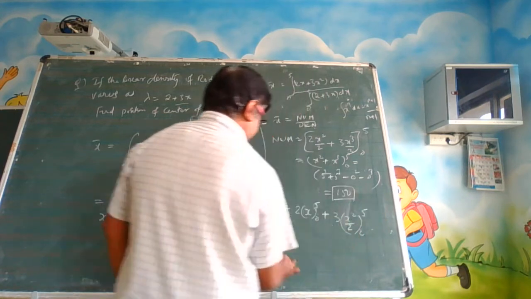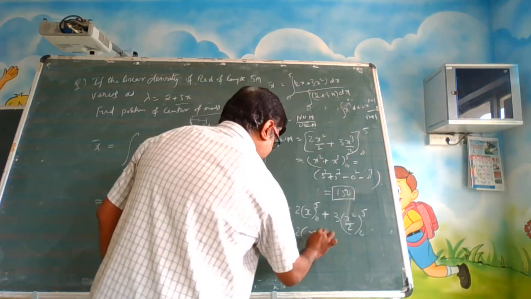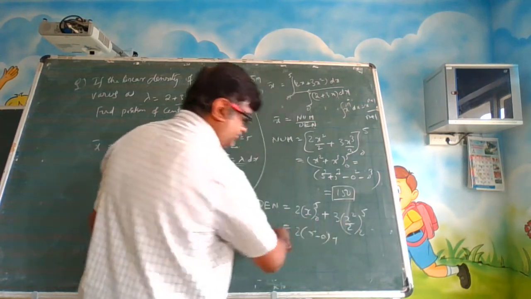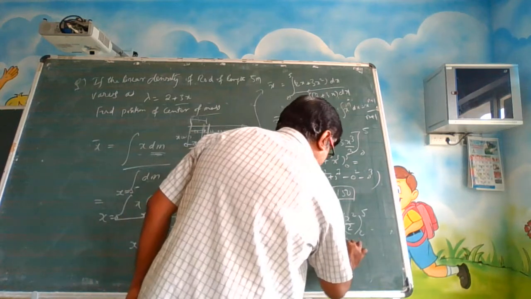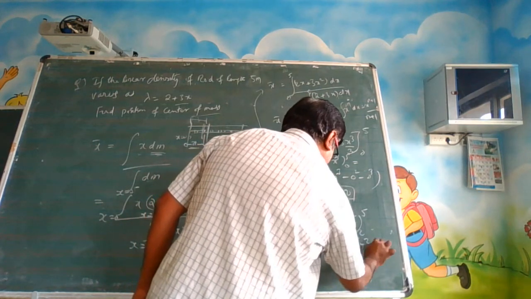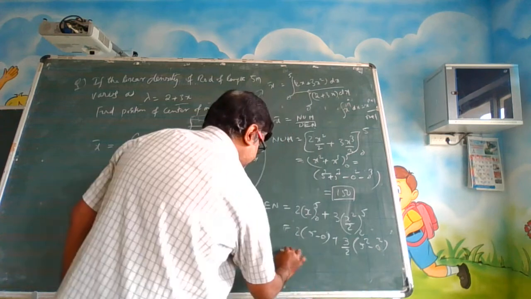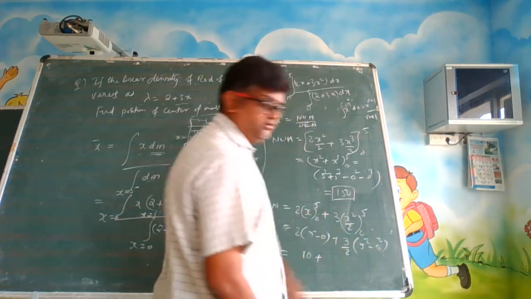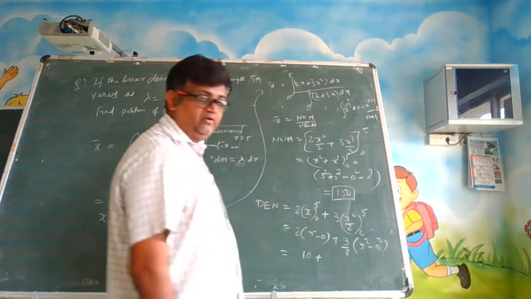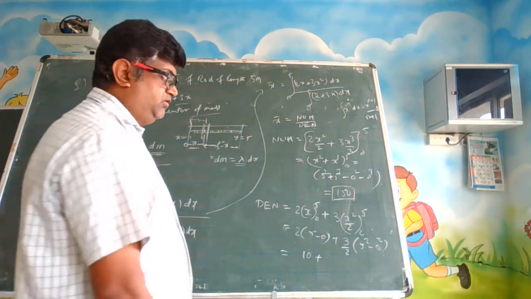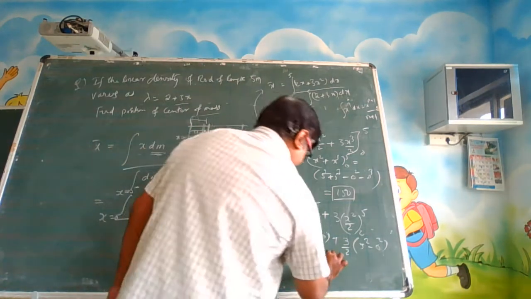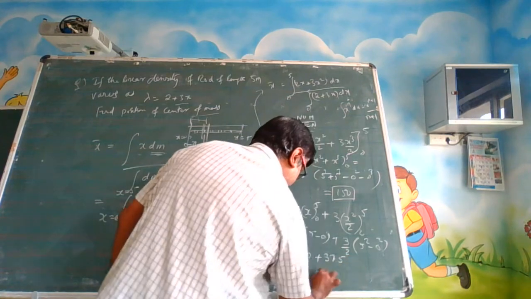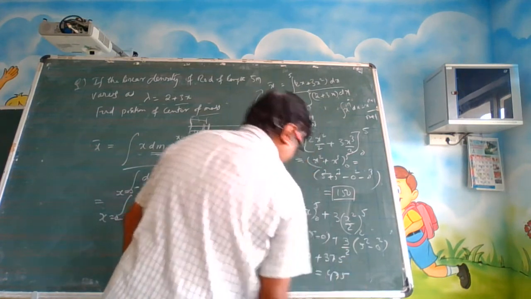You can pull the 3 out, it is a constant. So 2 into 5, 10, and 3 by 2 into 5 square minus 0 square. 5 square is 25, and 25 into 3 by 2, that is 25 into 1.5, which is 37.5. So the denominator is 47.5.